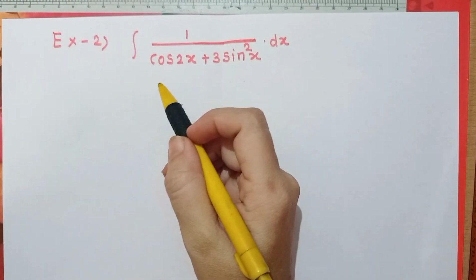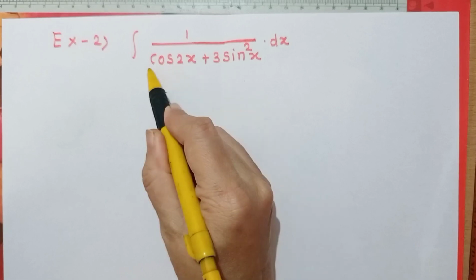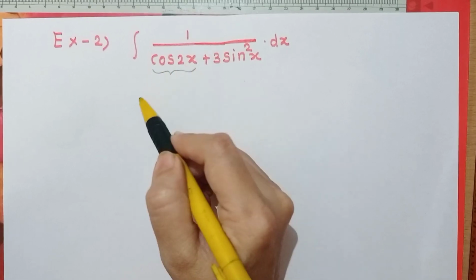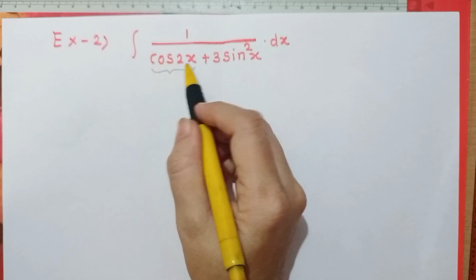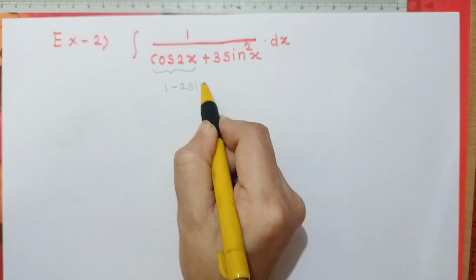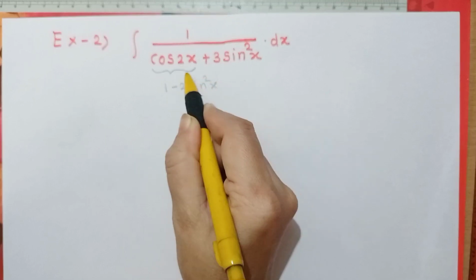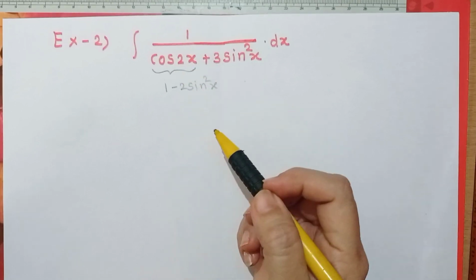Let's solve now this second example, and here we can observe this first term is not in the square form. So we will use the identity cos 2x equal to 1 minus 2 sin square x. We will substitute this and transform this integrand into standard form.